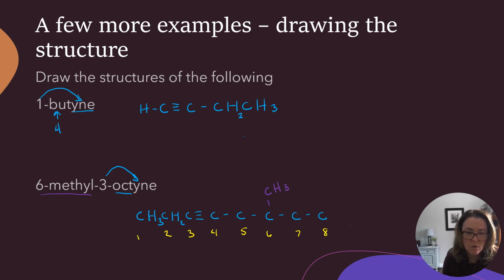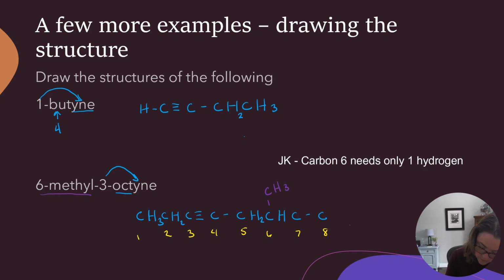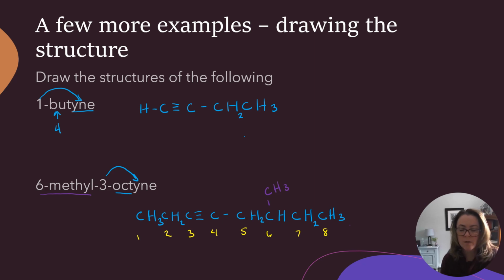Carbon number 4 also already has 4 bonds. So I'm on to carbon number 5. It is an interior carbon. It needs 2 hydrogens, as does carbon 6 and carbon 7. And then carbon 8, being a terminal atom, needs 3 hydrogens. And there you have the structure for 6-methyl-3-octyne.